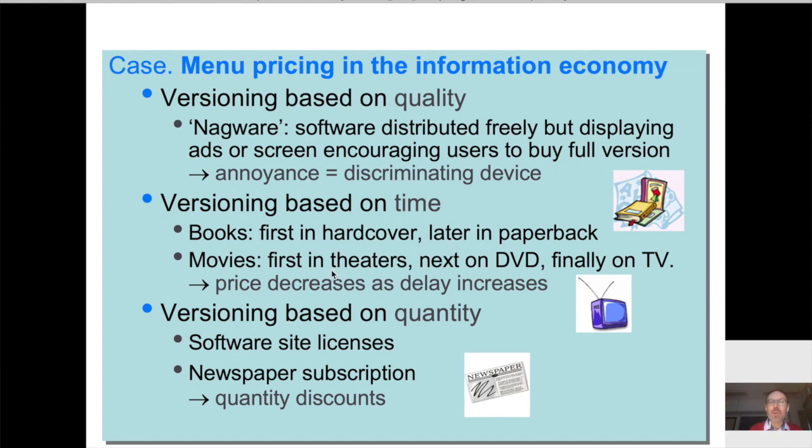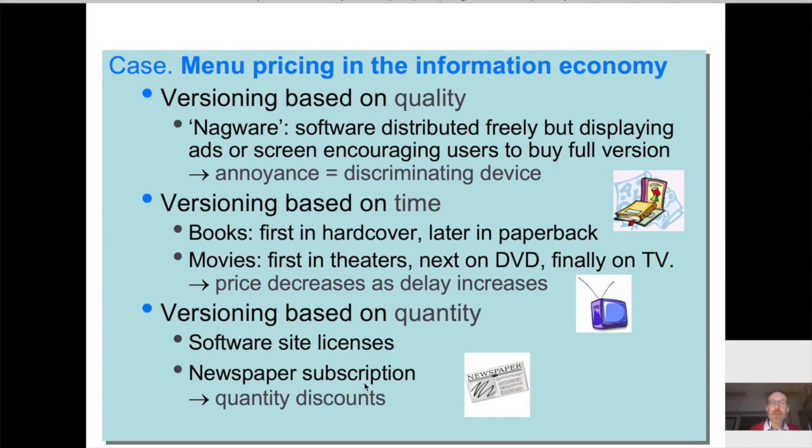Same thing for movies. You have different windows of release that come also with different prices. And finally, in many situations, but also for software and for newspapers, for example, you've got different versions based on quantity. Here the idea is that you would pay a lower price per unit the larger the number of units you buy.